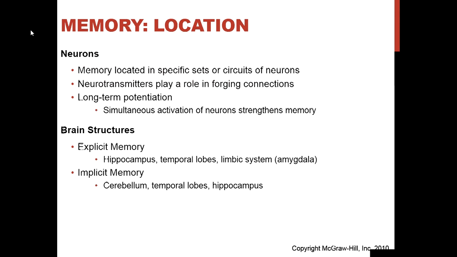There's also implicit memory, which is based off of these conscious responses that we have, but we don't necessarily make those decisions or remember exactly where we learned those things as well. And they're typically memories for skills or skill sets that we have.